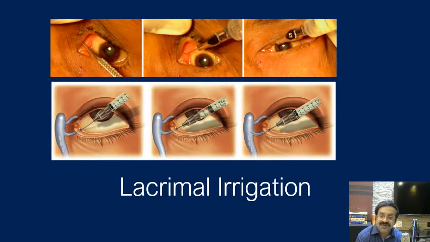And we ask the patient whether he can feel any bitterness or any saline taste in his mouth. So this is how the test is done. And of course, a thing which I've missed out, that is you instill 4% xylocaine into the conjunctival sac before you do the dilatation.